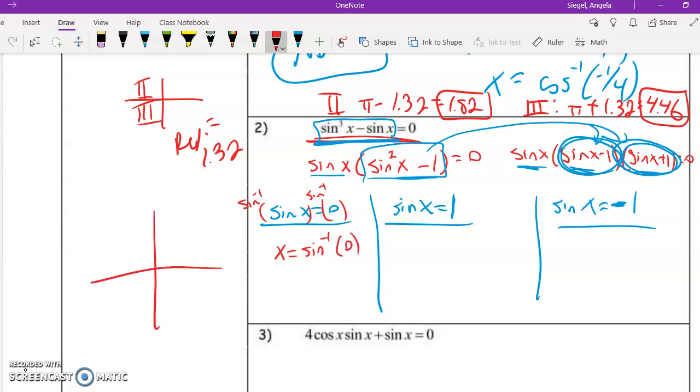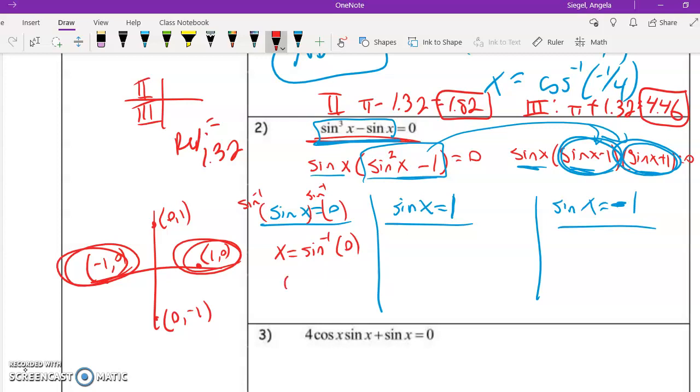Okay, so let's think about this. I'll do the same thing I did a while ago. I'm looking for where y equals 0. So here and here. So I'm going to actually have two answers. So think about radians. So it's going to be 0 and pi.